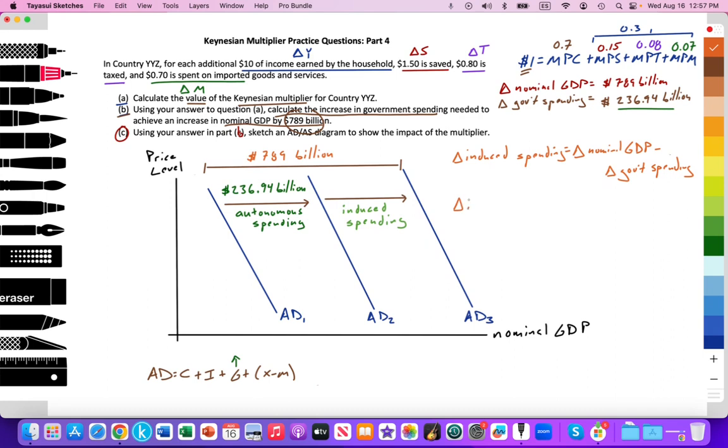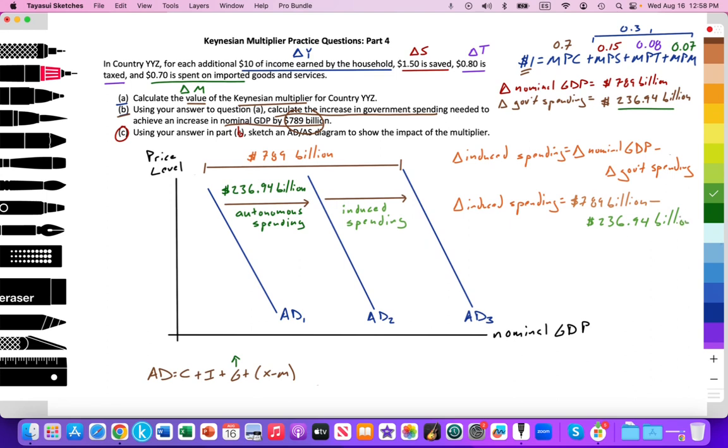So the change in induced spending is equal to, let's add the values, change in nominal GDP is 789 billion minus the change in government spending, which is 236.94 billion.